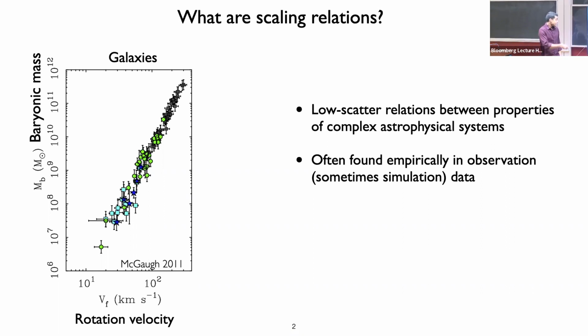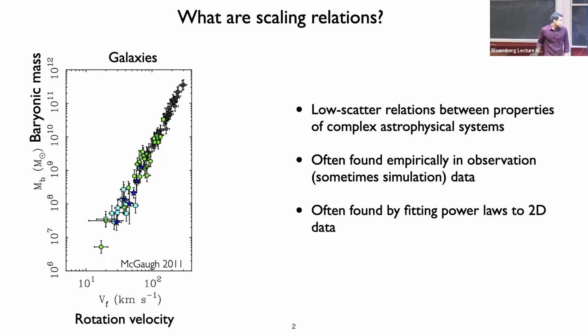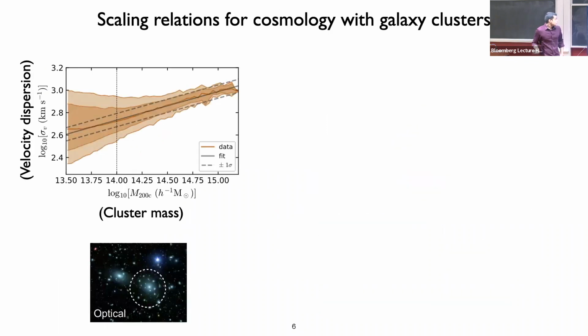When people made plots of a few properties of astrophysical objects, they noticed these tight scaling relations, for example this one, and they are often found by fitting power laws to often two-dimensional data.